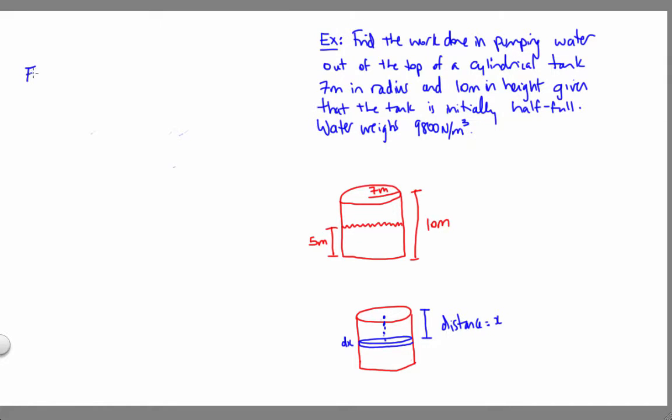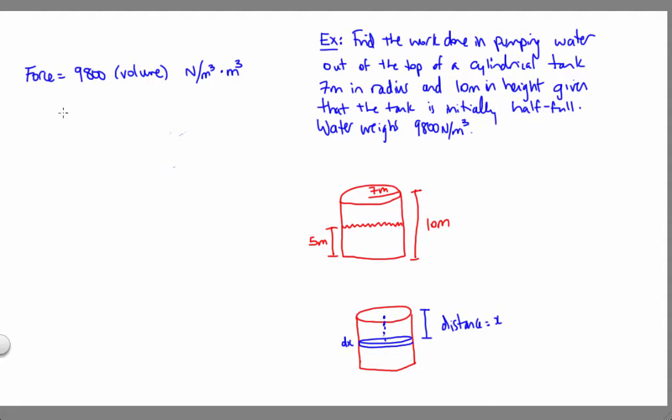Next, let's think about our force, which is going to be measured in newtons. We're told that water weighs 9,800 newtons per cubic meter. So if we multiply that by the volume of each very thin disk, then if we think about our units, we'd have newtons per cubic meter times cubic meters, which indeed would give us newtons.